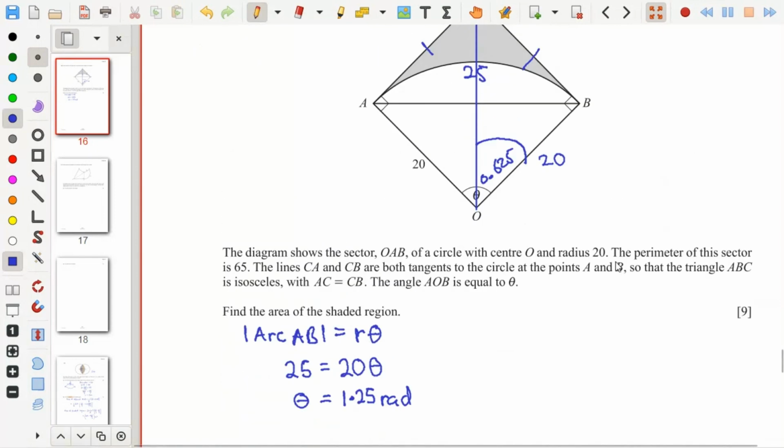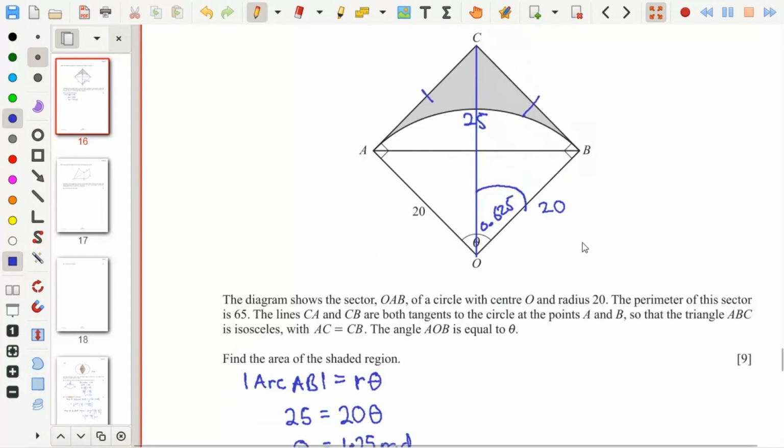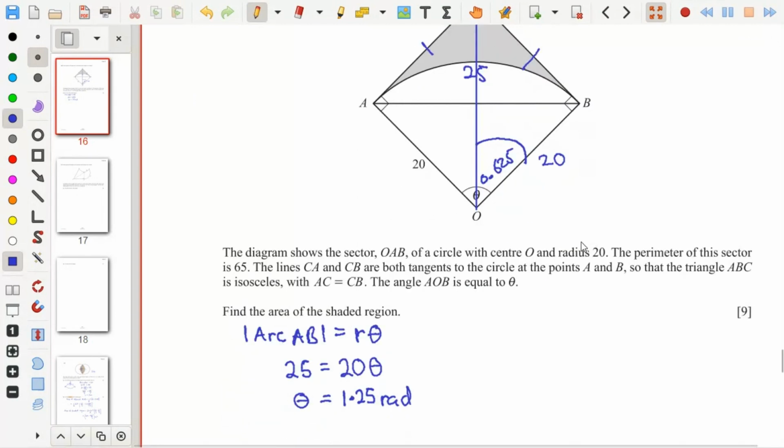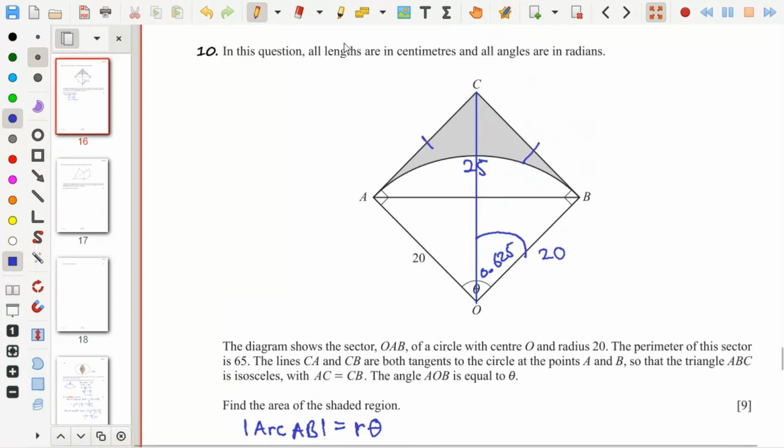Okay, so if I know this, I can find the length of my diagonal, because right now I have a right angle triangle.